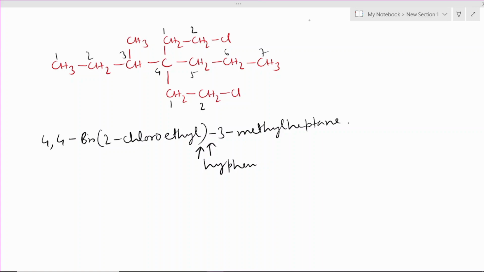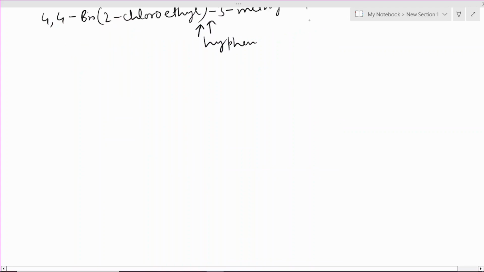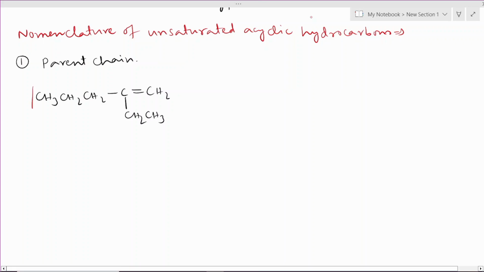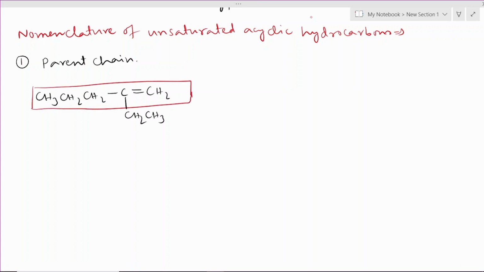Now we move on to the nomenclature of unsaturated acyclic hydrocarbons. Firstly, we have to identify the parent chain, and that will be the chain which contains the maximum number of multiple bonds. We will understand by an example. If we take this compound, this will be the parent chain as it contains the maximum number of multiple bonds.